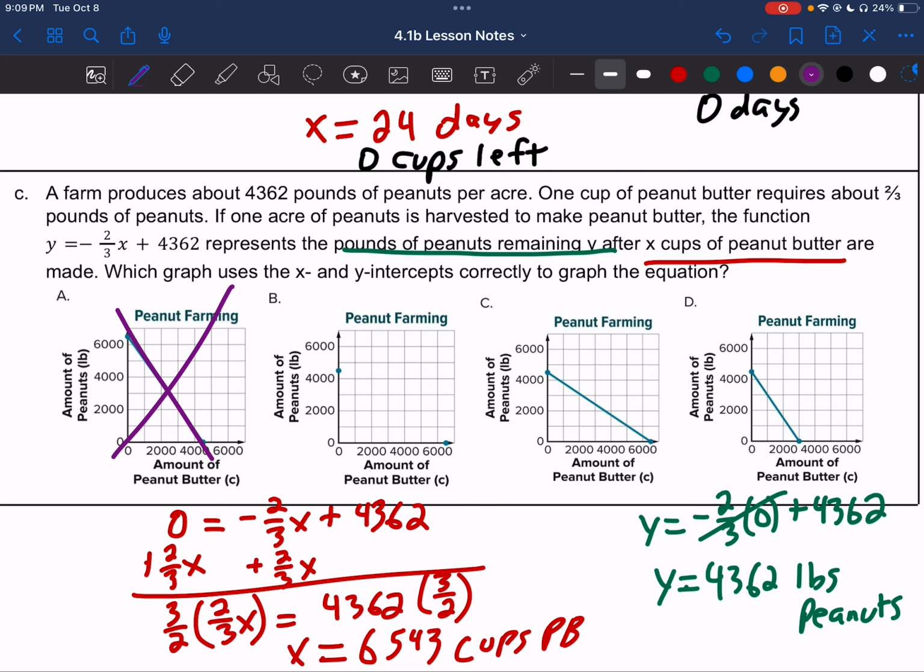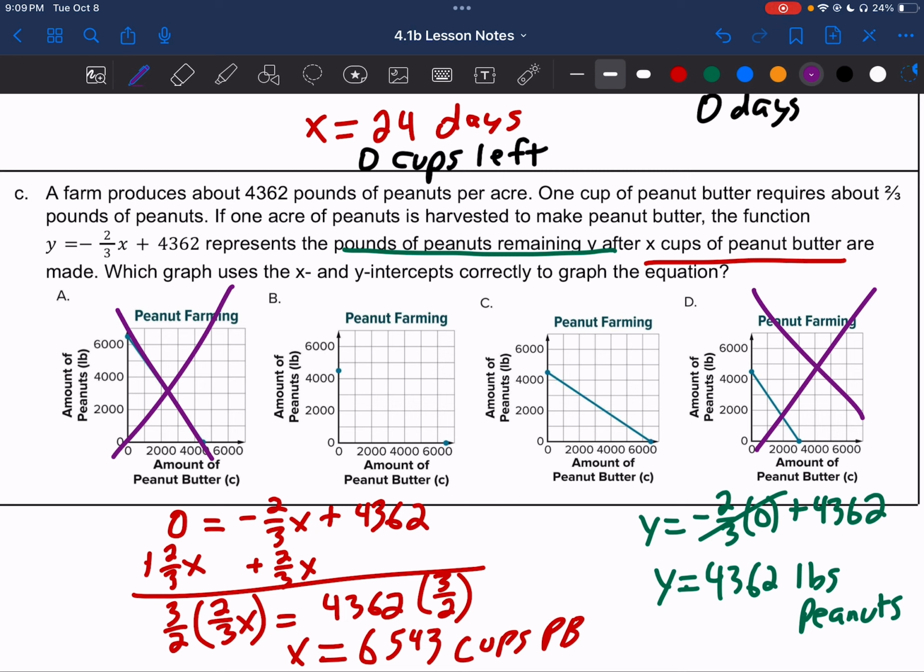Now, if we're looking at letters B, C, and D, well, letter B only has the two intercepts graphed, and it looks remarkably similar to letter C. And then letter D, it's showing us we have 4,000 and change pounds of peanuts, but we're only getting 3,000 cups of peanut butter. So we know that one's not going to be right because that's half of what it's supposed to be.